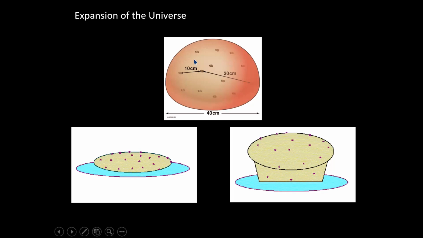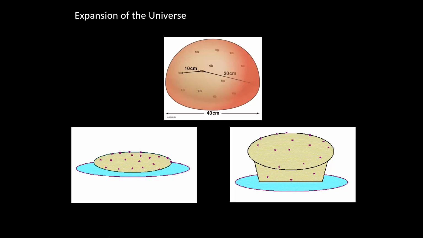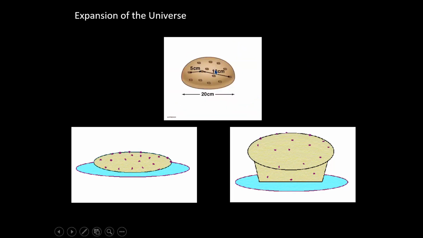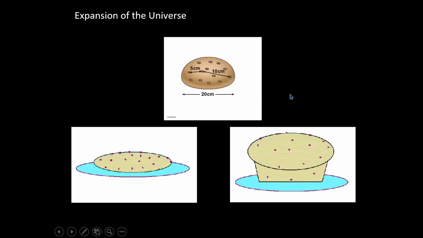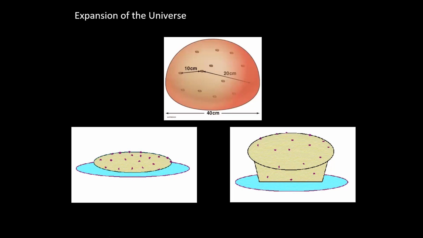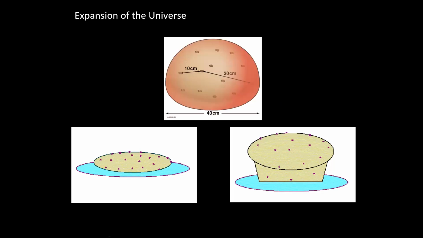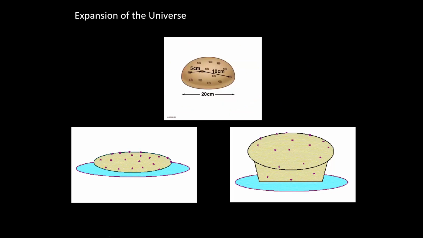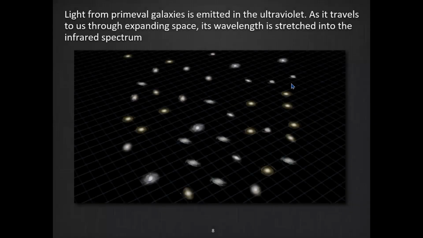You would see all the other raisins moving away from you, even though you are not at the center of the expansion. And you would see that no matter which raisin you chose to sit on. And this is a good analogy for what we believe is happening in real life. When we say that space is expanding, we don't mean that the objects are flying through space like an explosion, but rather that the space itself is expanding like this raisin bread dough.